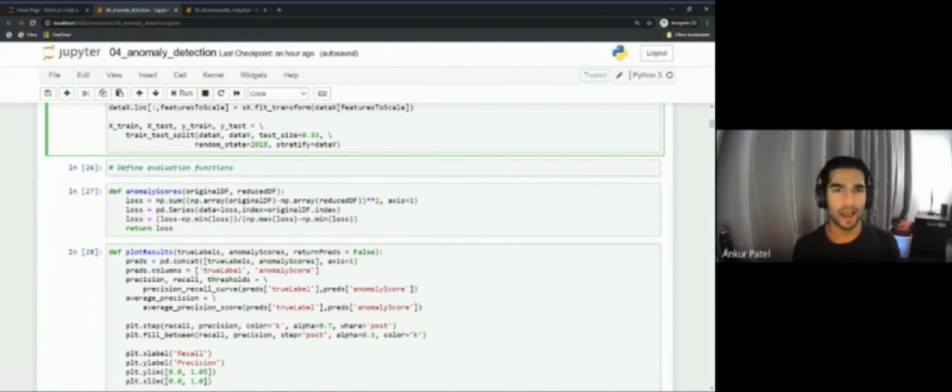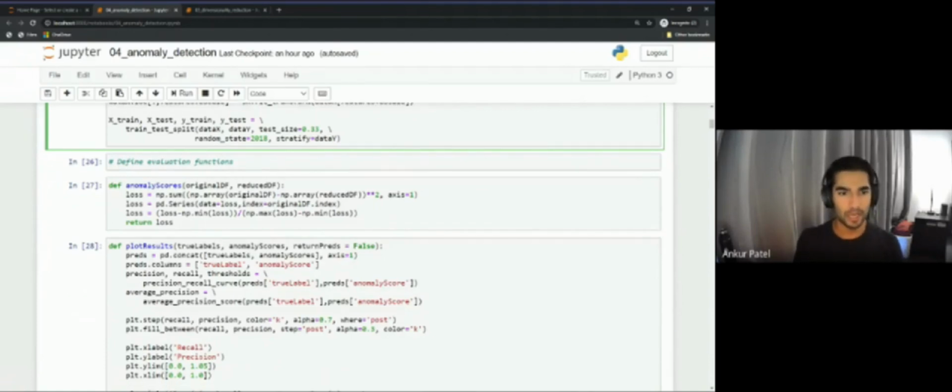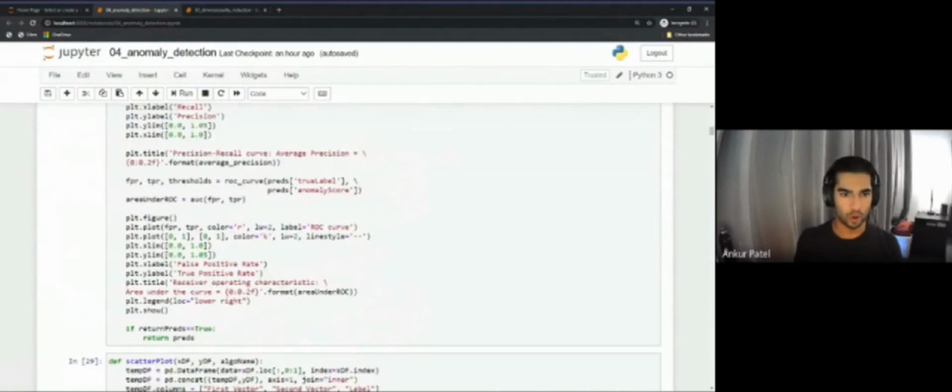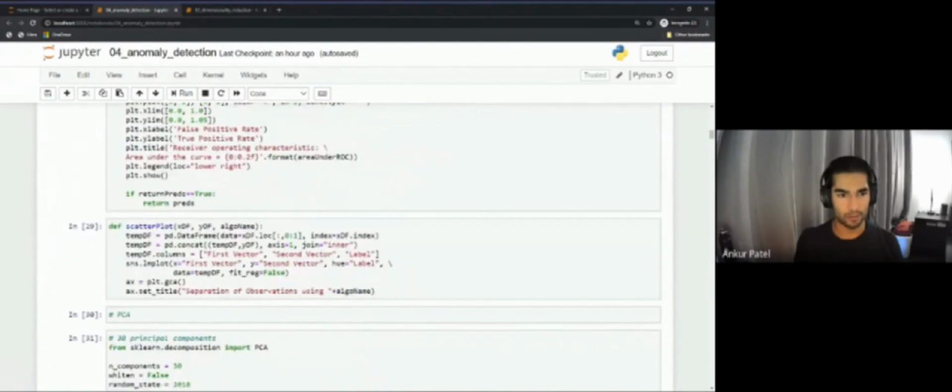The ones that have the highest error, highest loss, are the ones that were anomalous, the ones that the dimensionality reduction technique didn't retain enough information on because it wasn't part of normality, right? So think of this as the outlier score as well, the anomaly score, outlier score. And then we just define a function to plot the results, as a scatter plot.